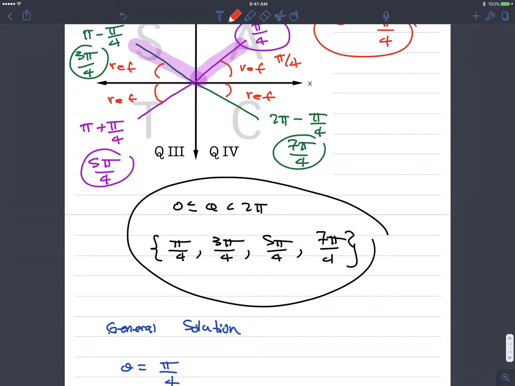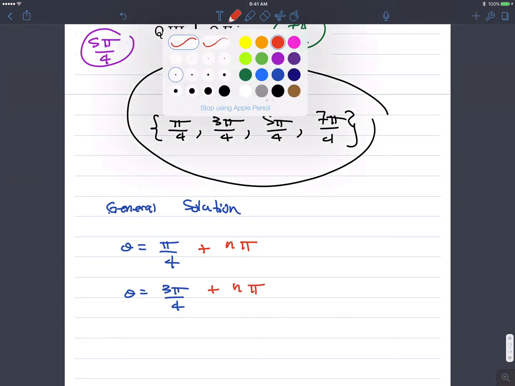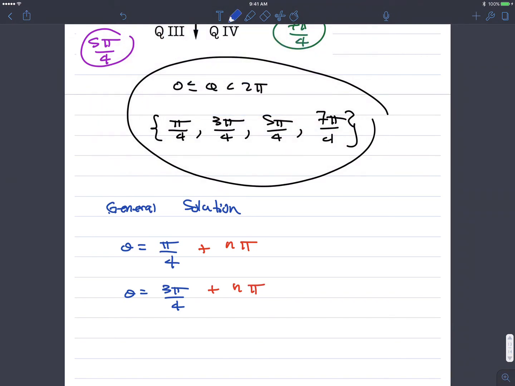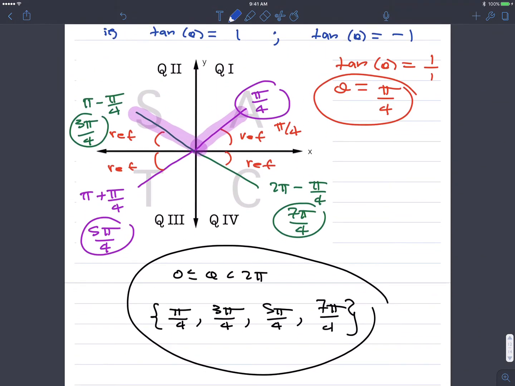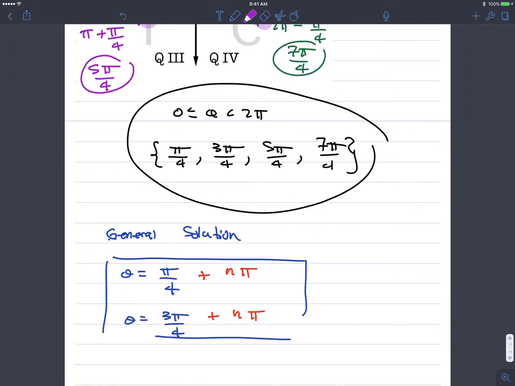I'm going to generate every solution over all real numbers, and then potentially create a sequence. What do I add? Good job. N pi. I get every coterminal solution because these solutions are in opposite quadrants. They differ by what? 180. Outstanding. Good for you guys.